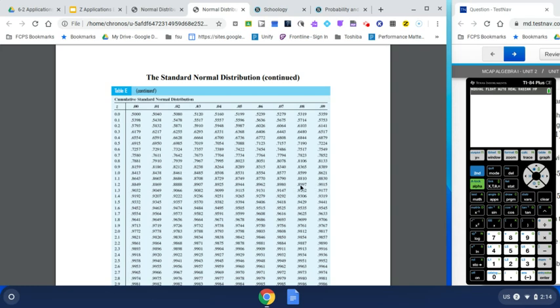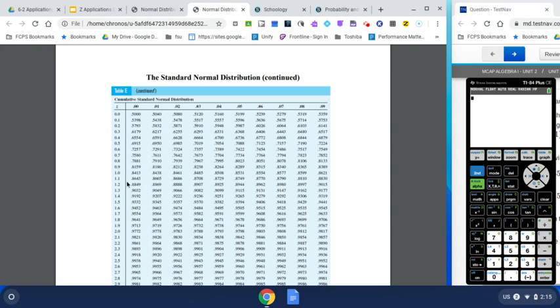Okay, I see between these two values is where 0.9 falls, but it's closer to 0.8997. This one is further above it. So I'm going to use this 0.8997 as the closest I can get to a probability of 0.9. Follow that over and up to find the z-score.